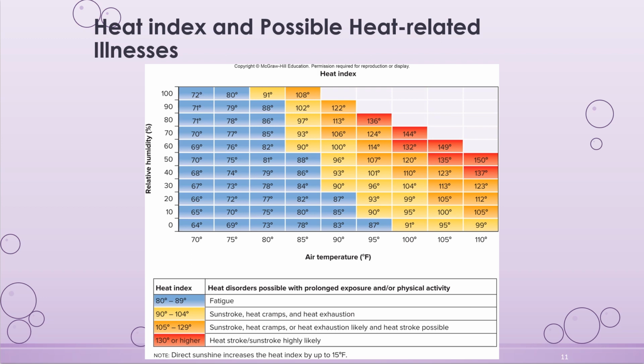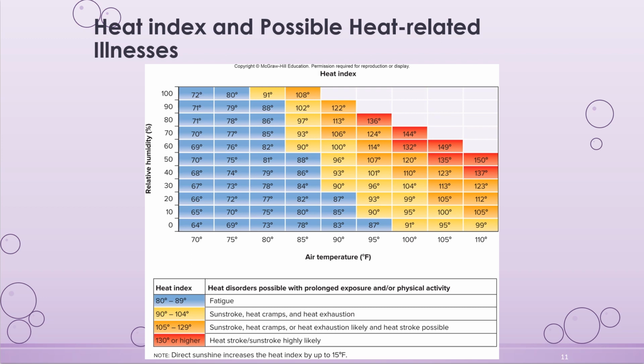And heat stroke, which is the most severe and life-threatening heat-related illness. It occurs when the body's temperature regulation system fails and the core body temperature rises to dangerously high levels, usually above 104 degrees Fahrenheit. Heat stroke is a medical emergency and requires immediate treatment.